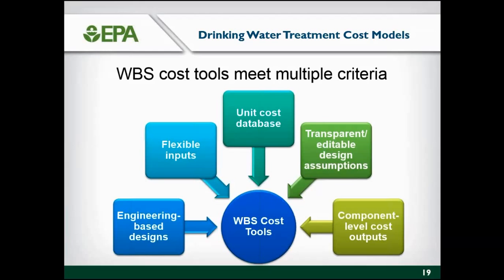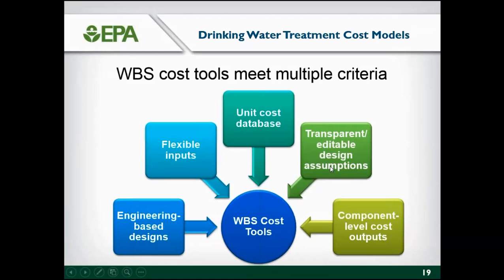The 80% of the items that account for 20% of the costs are only updated every 3 years, but in the interim years their price index is adjusted to account for inflation. So we feel that this database is very much up to date and will remain up to date in the future in terms of being a valuable database to use.